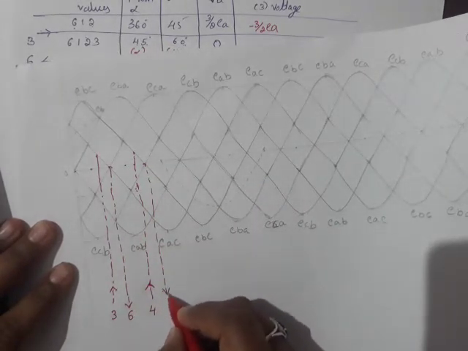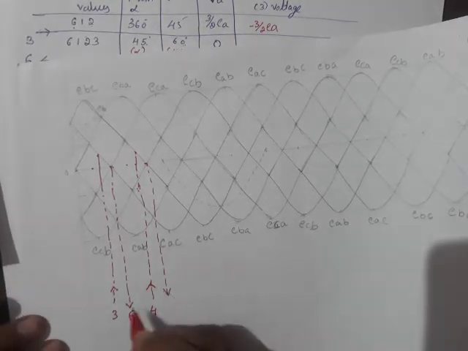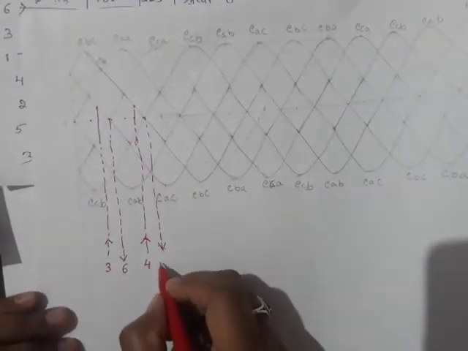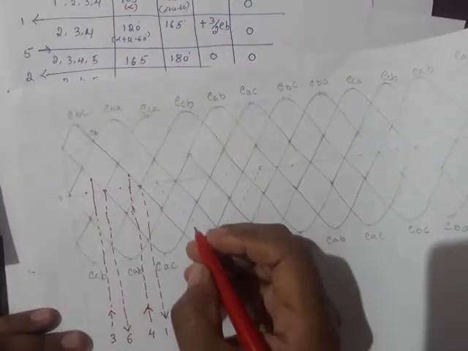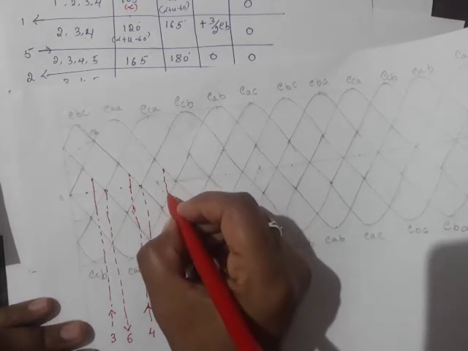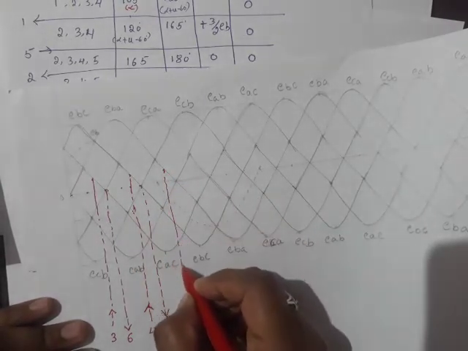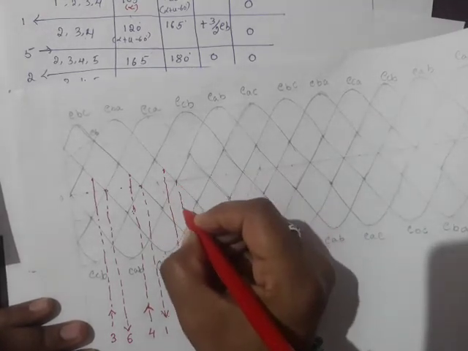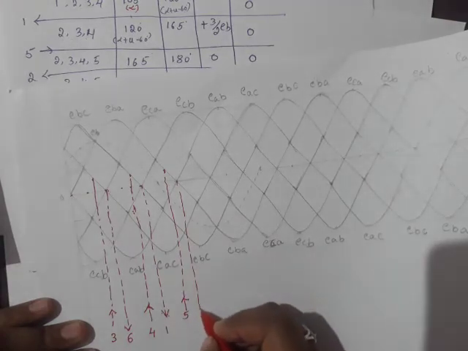After valve number 6, which valve has to go out of conduction? Valve number 1 goes out of conduction. I'm just following this pattern. Then here valve number 5 comes into conduction. Then valve number 2 goes out of conduction.